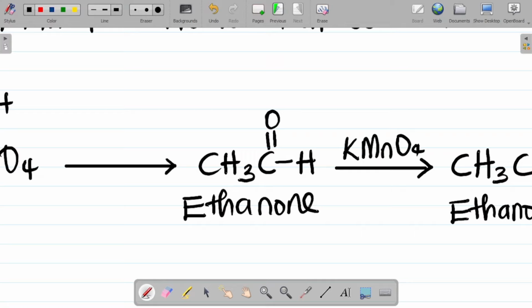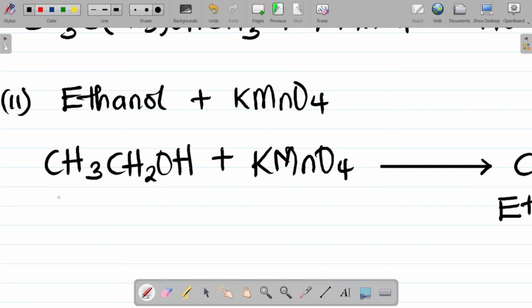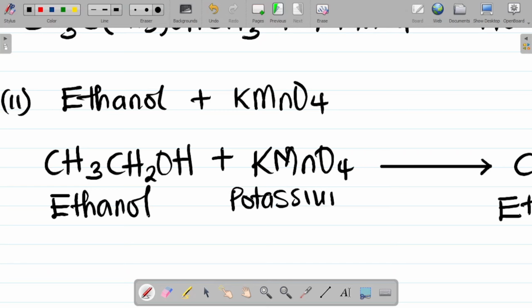More still, it can be called ethanol. Of course, this one here is your ethanol, while this is your potassium permanganate. All right. So you can indicate here potassium permanganate.